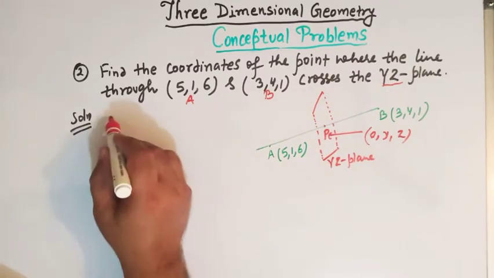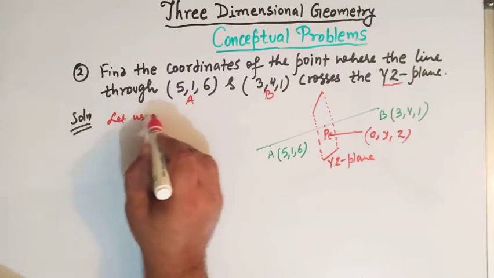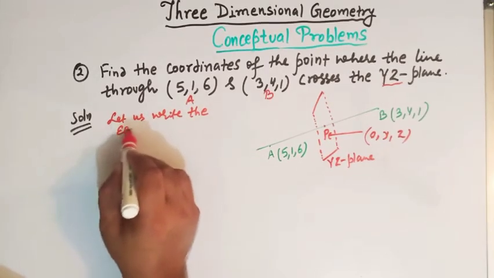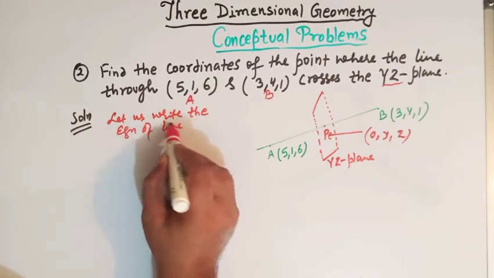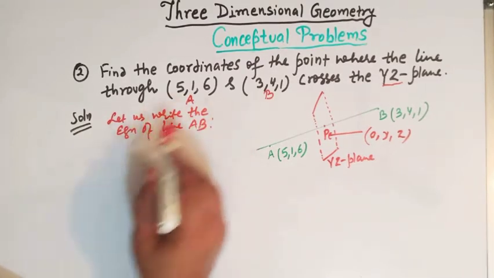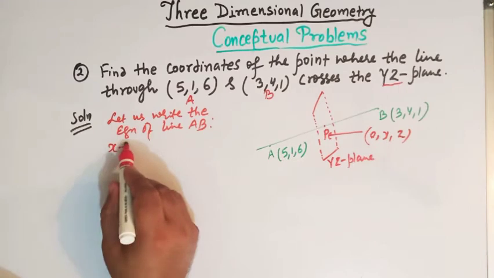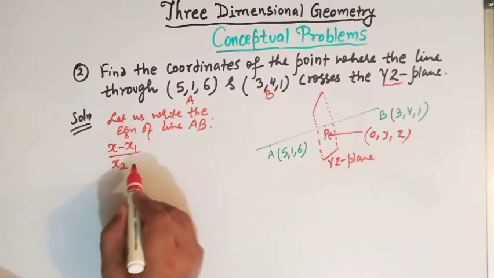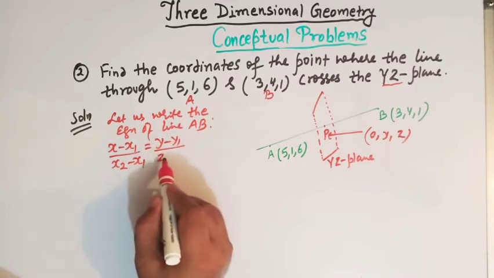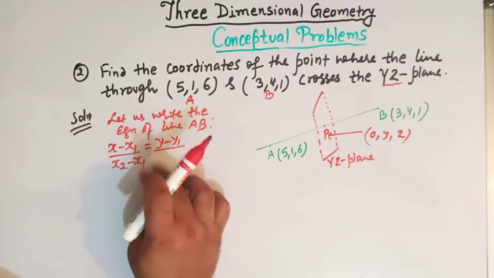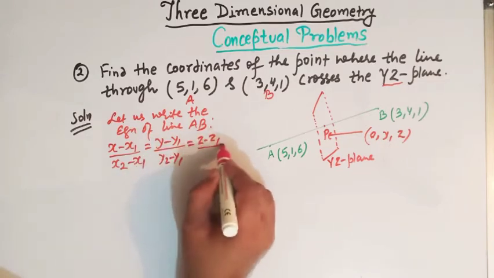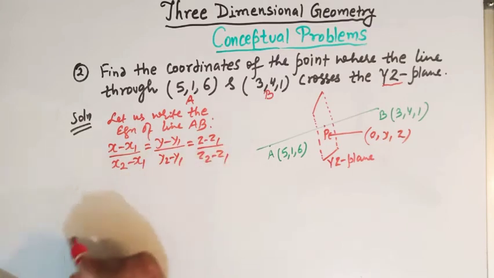Now let us write the equation of a line AB, right? Now we know that a line which passes through 2 points is given by x minus x1 divided by x2 minus x1, this is y minus y1 divided by y2 minus y1, and this is z minus z1 divided by z2 minus z1.